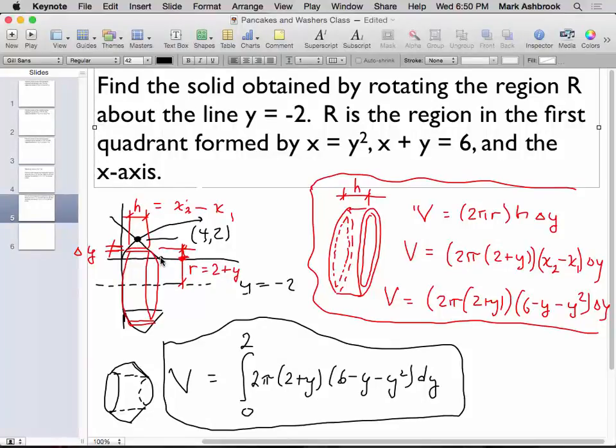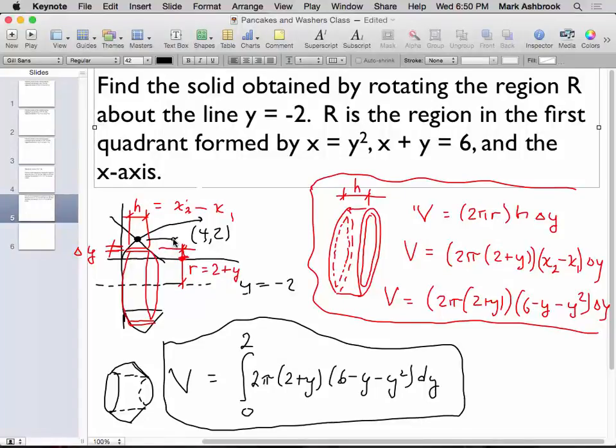Think of it laying down. Because of the way the shells are oriented, the height of the shell is left and right, from the bottom circle to the top circle. Your original strip is horizontal, so it's always going to be the height of the strip. Is there another question?